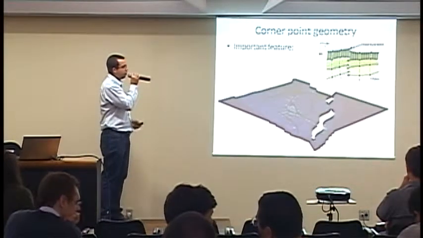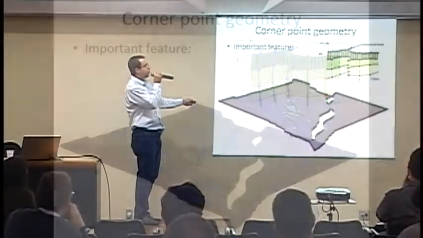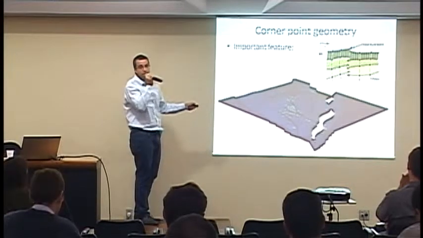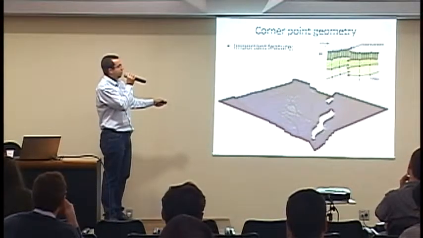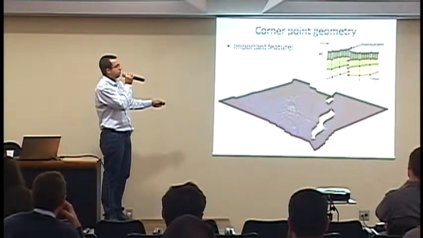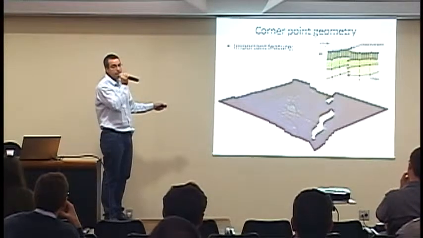An important feature of the corner point compared with the regular Cartesian is that it allows you to have discontinuities. In this case, we have a fault here, and here we have a layer, and the same layer here, but they are not connected at this point.